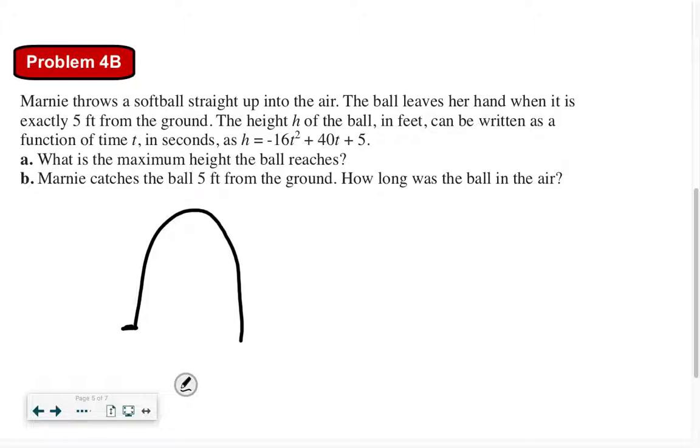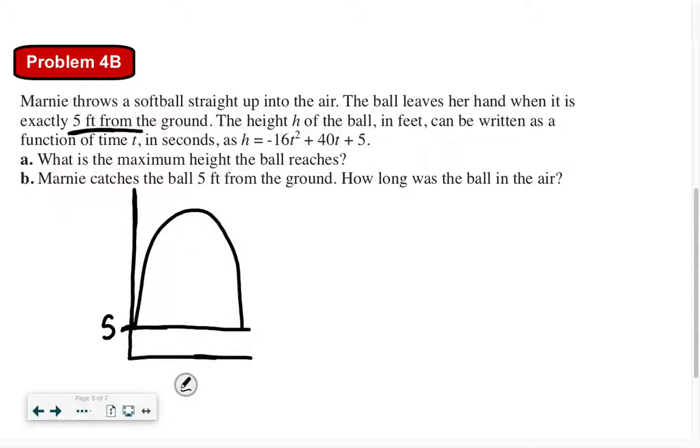So let's make our graph go a little bit further down. And this, I'm going to square this one off. Hopefully it's not too big. Like there. And this line is 5, because it starts, where does it say that? 5 feet from the ground.